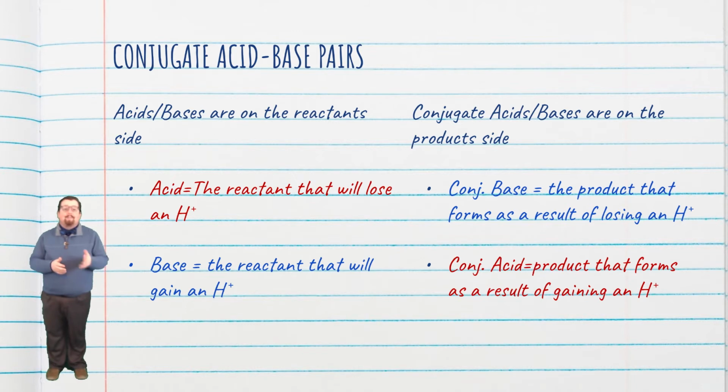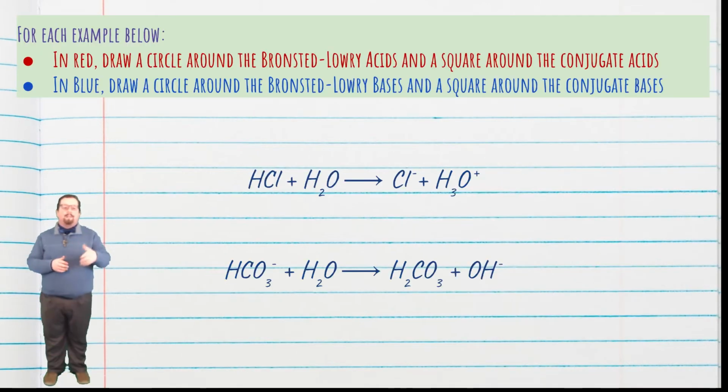So the acids and bases exist on the reactant side, and the conjugate acids and bases exist on the product side. The conjugate base looks very similar to the acid, minus one hydrogen, and the conjugate acid looks very similar to the base, plus one hydrogen. Let's do some examples of that. For our first reaction, HCl gives away a proton.